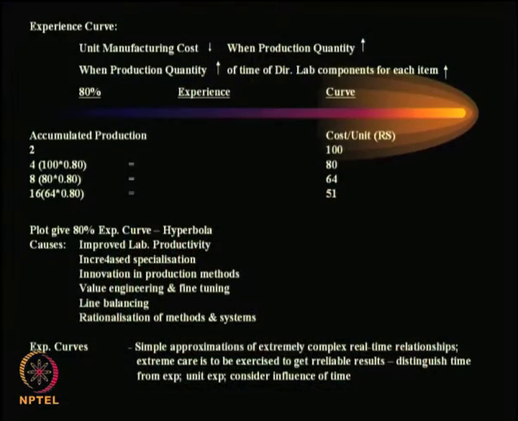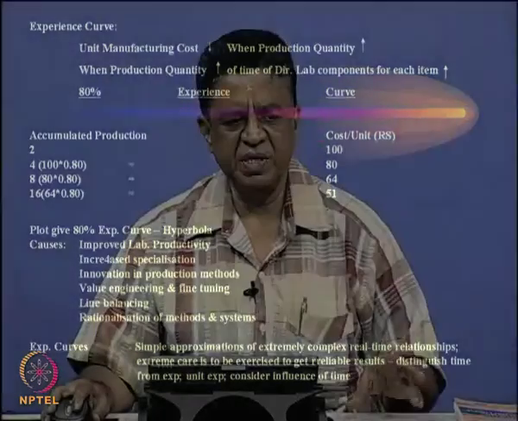Distinguish time from experience. What does it mean? A person might have spent a long time in the organization, but might not have really improved his skills. Then his longer stay or duration of stay in the organization has really not benefited the organization.